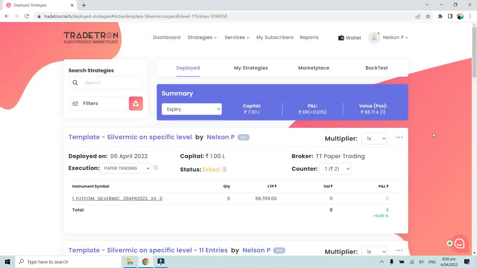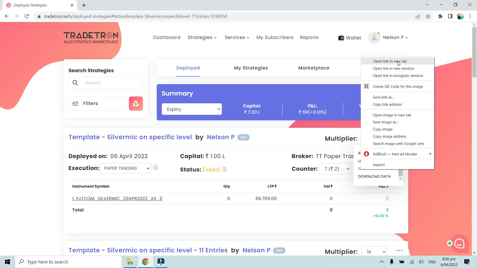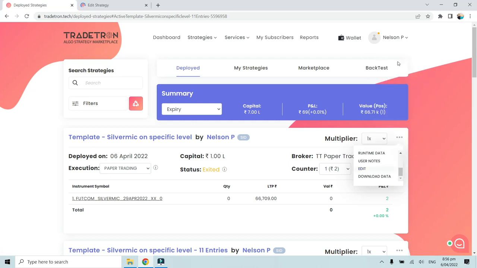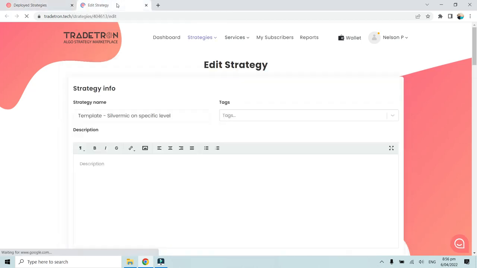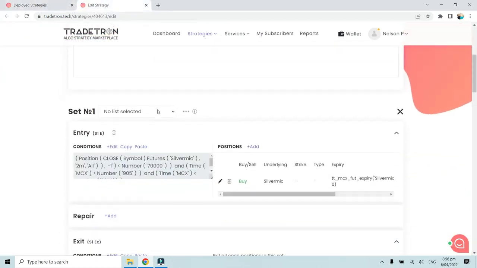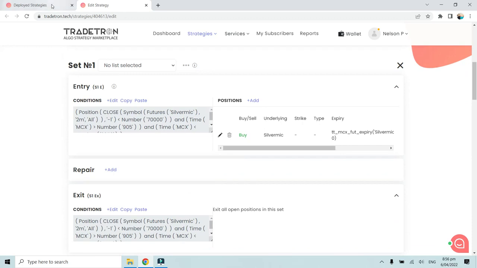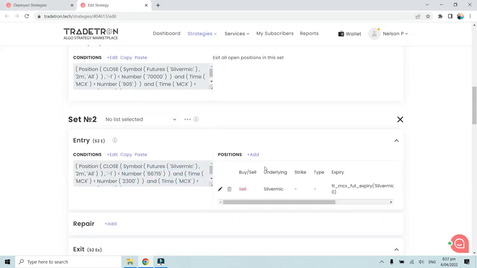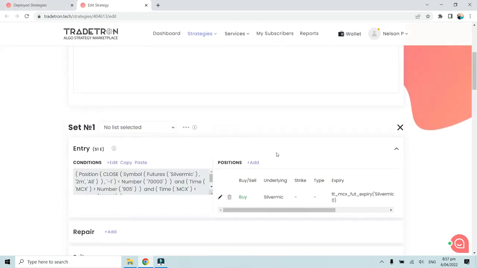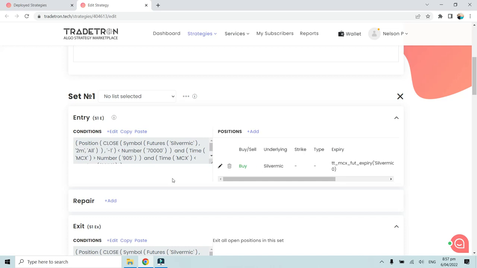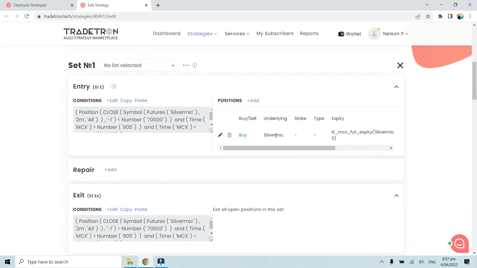So what we will do is open the edit page of this strategy, to check the conditions that are matching. Once we open this edit page, let us go to the section where we are entering into a buy position in Silver Mic. This is set number 1, where we are buying a future, going into a long position.